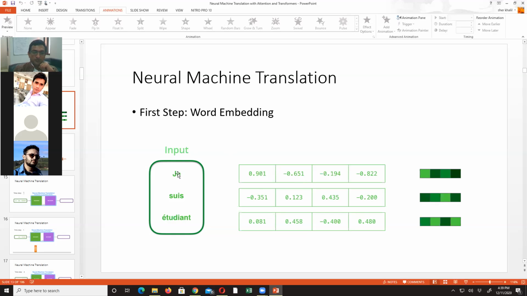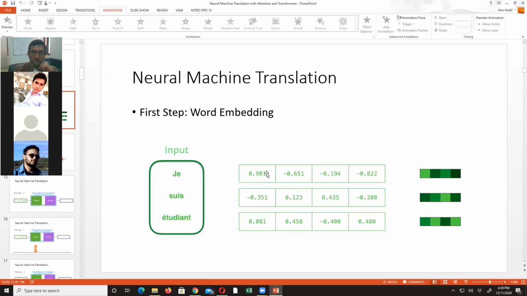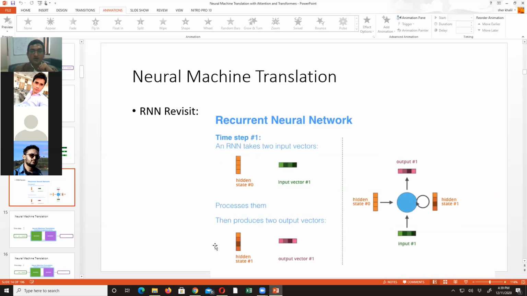So here we say this word is represented by this vector, this word is represented by this vector, and this word is represented by this vector, right? Because each of these is an RNN, we need to quickly understand what an RNN is. If you can recall, an RNN has two inputs.